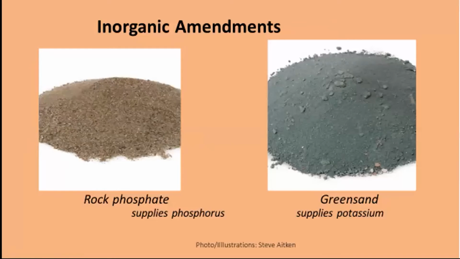In addition, some of the inorganic amendments that have been mined are also fertilizers. The rock phosphate supplies phosphorus, and greensand supplies potassium. Both of these are expensive and should be used in limited amounts, but they are amendments as well as fertilizers.